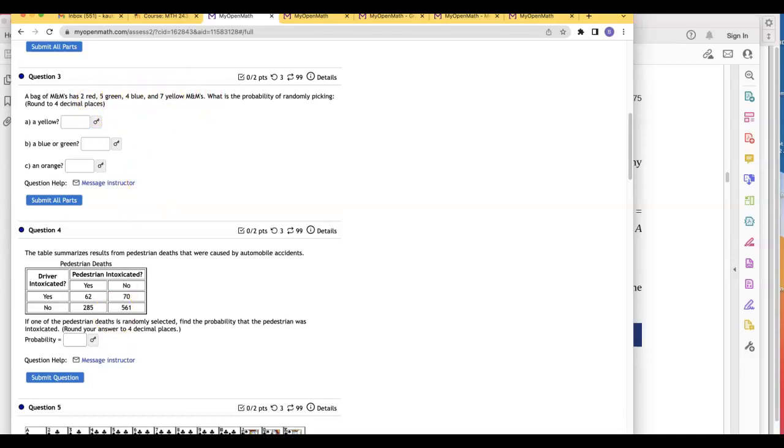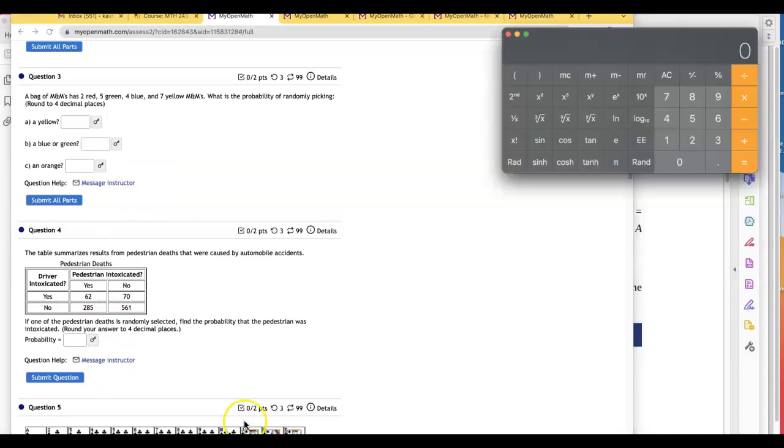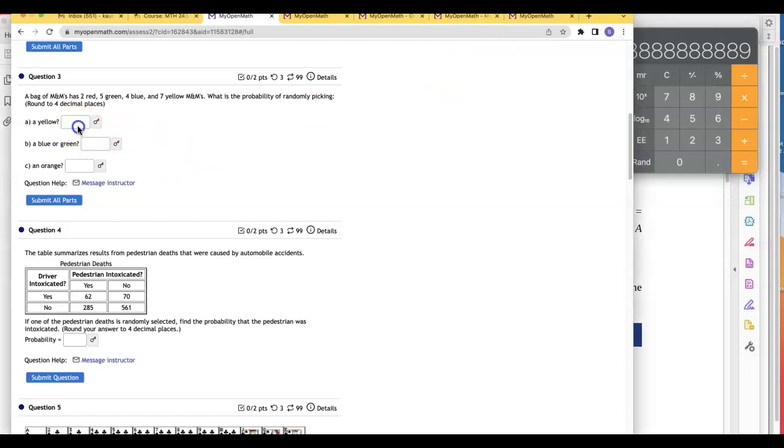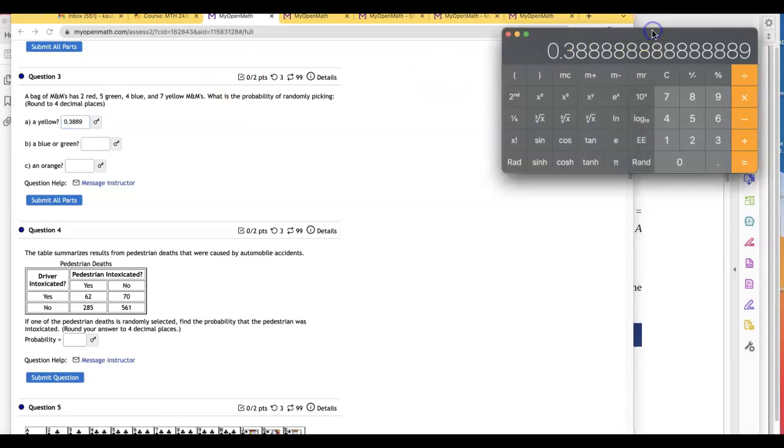If we take our calculator, because they're wanting a decimal to 4 places, we just do 7 divided by 18, and we would use that decimal here. So we would round up. This one would be 0.3889, rounded up on the 4th decimal place.